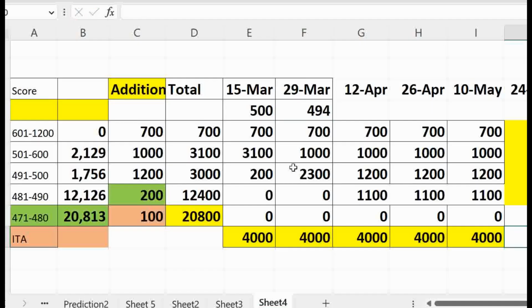Now next, again 700 new additions are there in this slab. As there is no previous balance, 1000 new additions in this slab also.